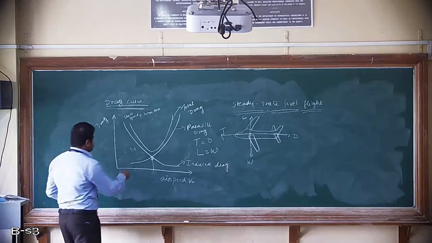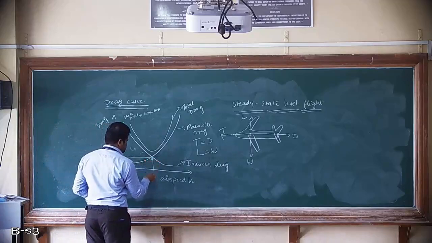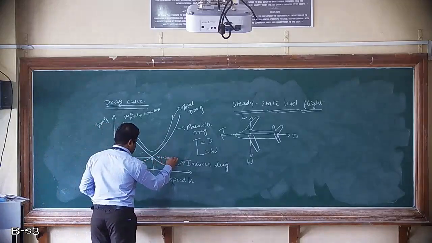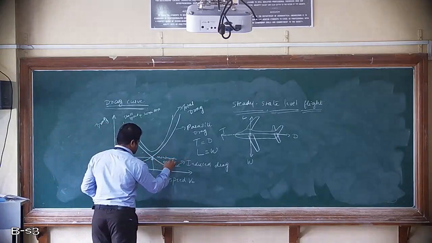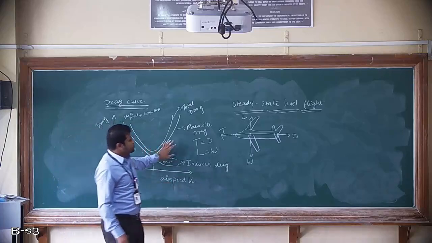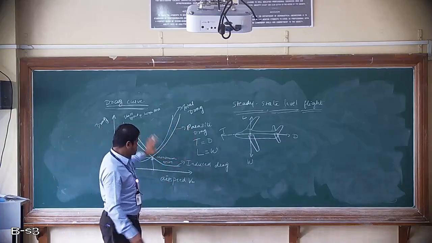So this point is our minimum velocity point or minimum drag point. Drag. So now we'll go back to the thrust curves.